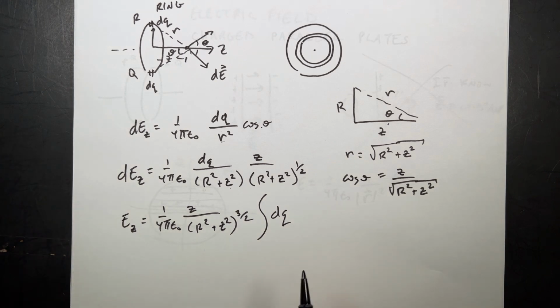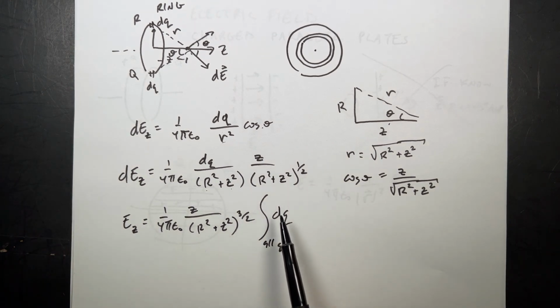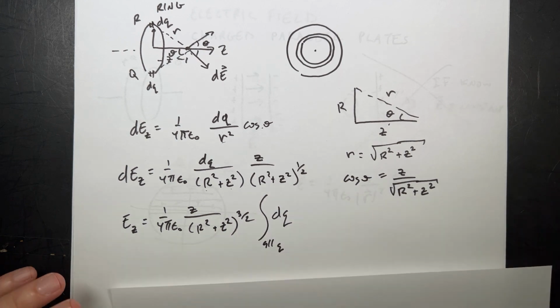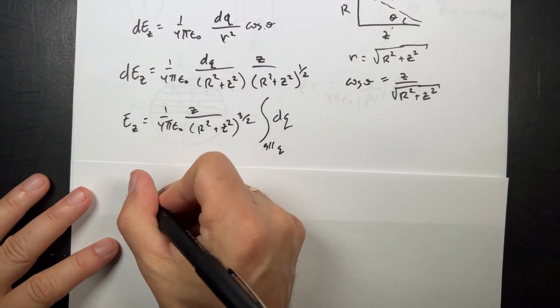And so I'm going to integrate over all q. Well, that's pretty easy. That's just going to be the total charge Q. And there we have it. Now we have the electric field on the z axis due to a ring.